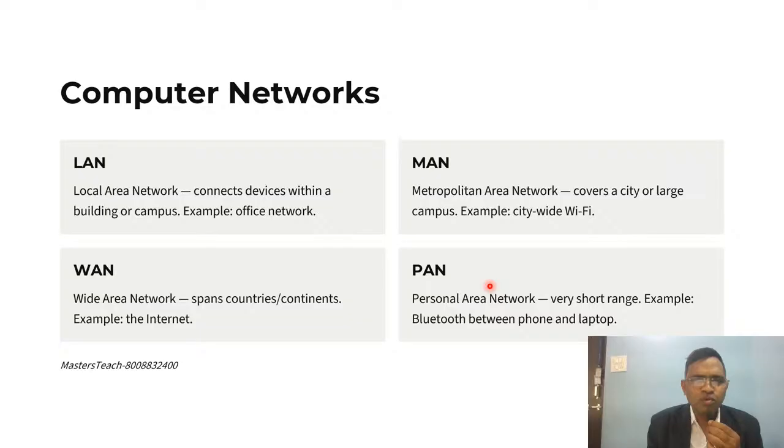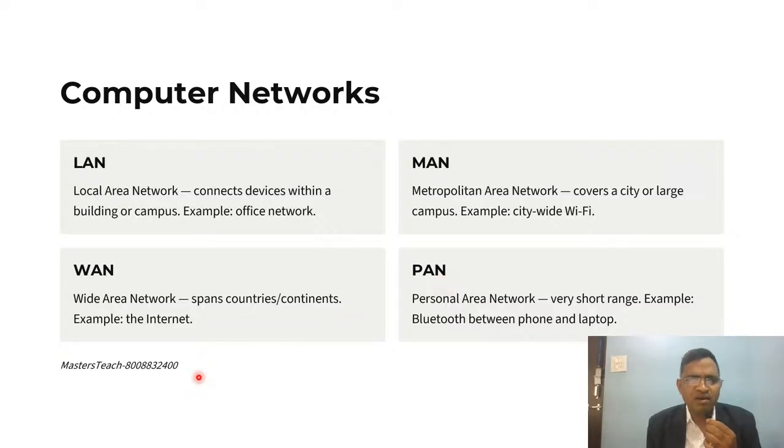MAN, metropolitan area network, means in a metro city this is going to be used, like Wi-Fi, something like that, in a city. Then WAN, wide area network, connects countries, like the internet. Example is the internet. Then PAN, personal area network, where we use Bluetooth for transferring information. You have to remember the examples. For the LAN, office network, whereas MAN, it is city Wi-Fi.